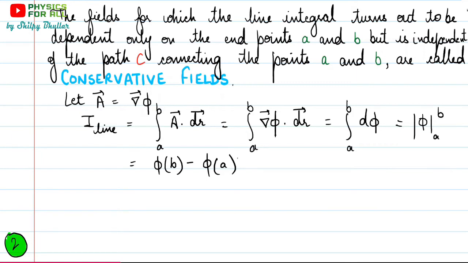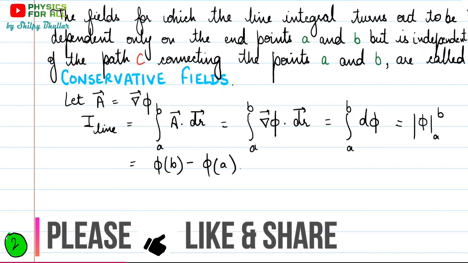Now here it's clear that this value of the line integral depends only on the points a and b and nothing else. No matter what the path is, is there any indication of the path being involved? No, no path is involved here.